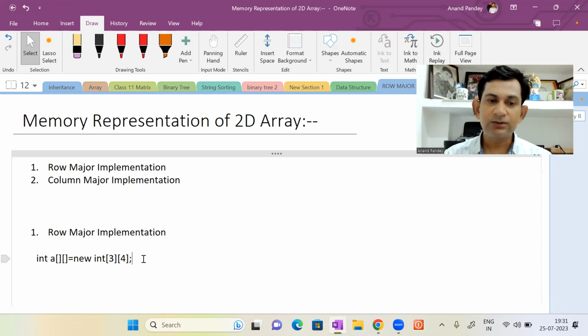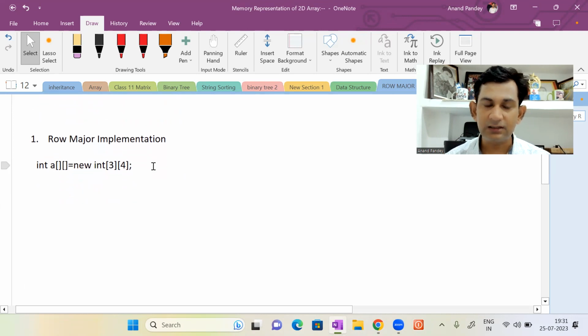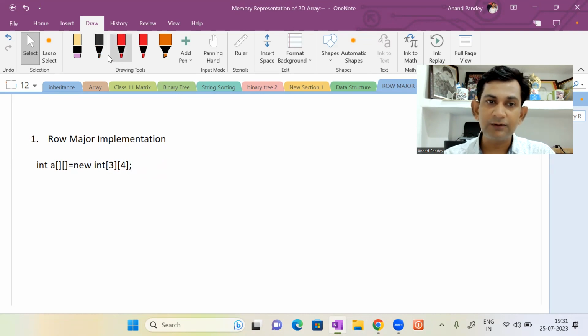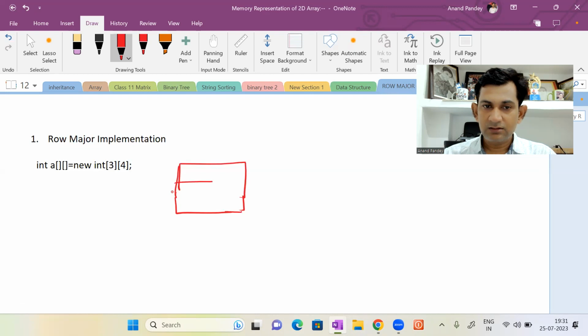What happens when we declare a 2D array in this manner? The new operator allocates memory for 3 rows and 4 columns. So memory will be allocated like this: 3 rows and 4 columns.